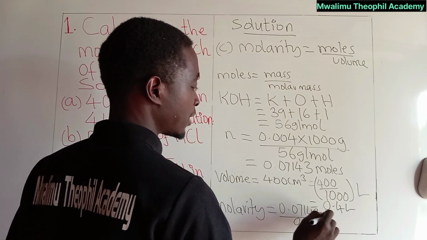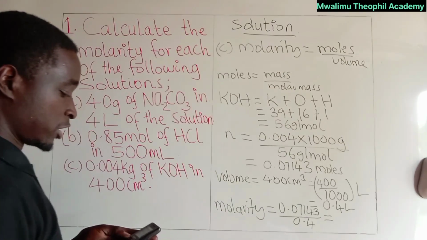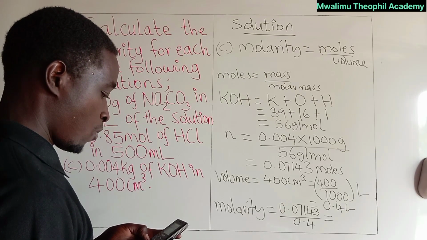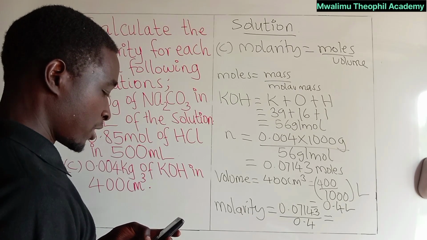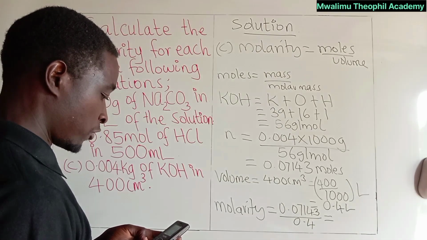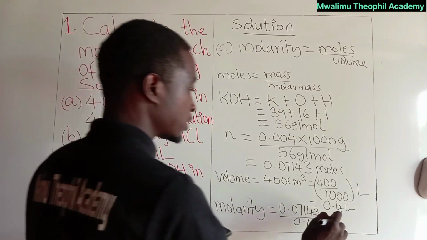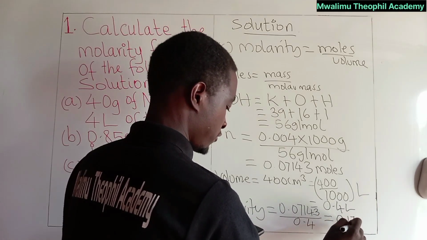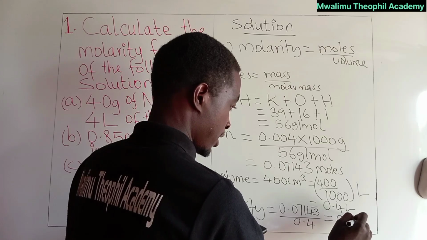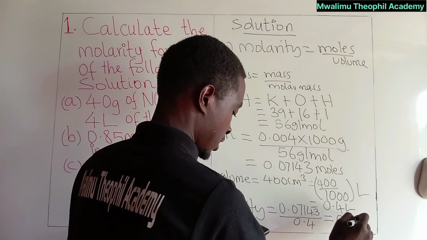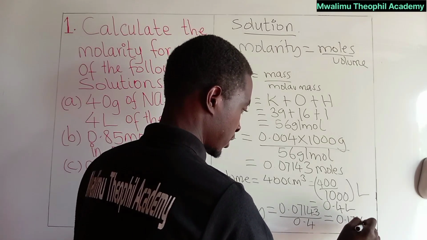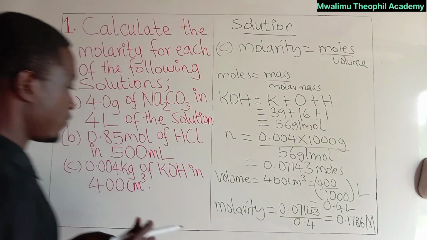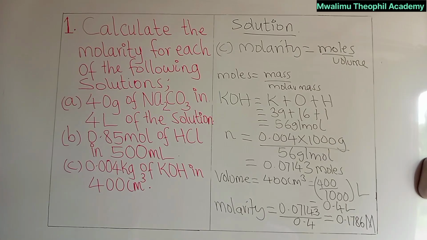Now the answer, when you take 0.07143 over 0.4, you get 0.17886. This is the molarity of potassium hydroxide.